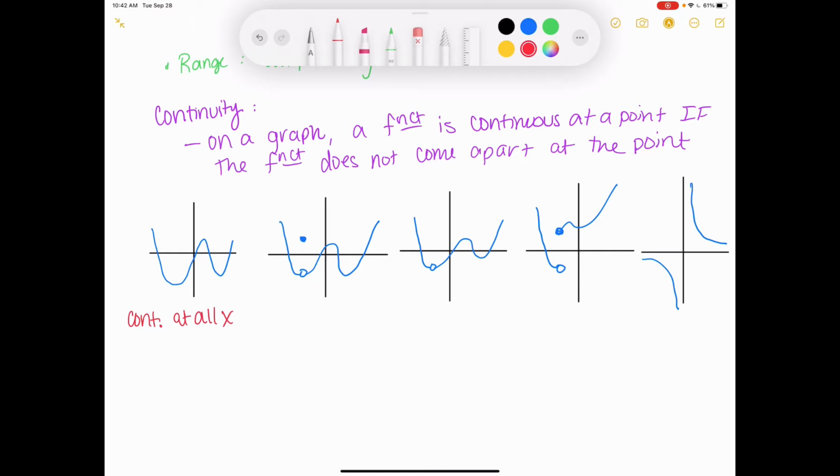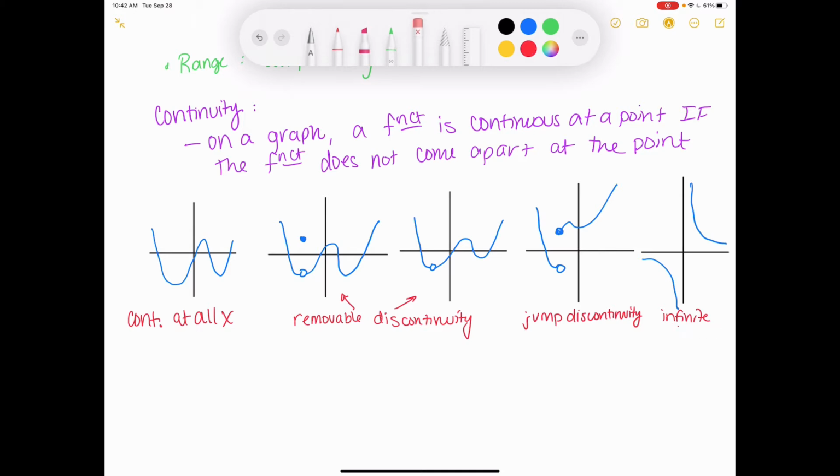Both this one and the next one are removable discontinuity. This fourth one is a jump discontinuity. And this final one is an infinite discontinuity.